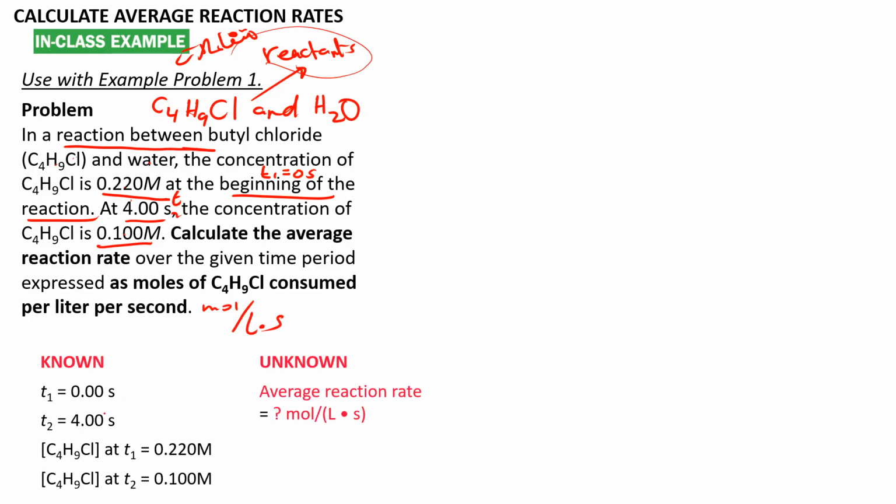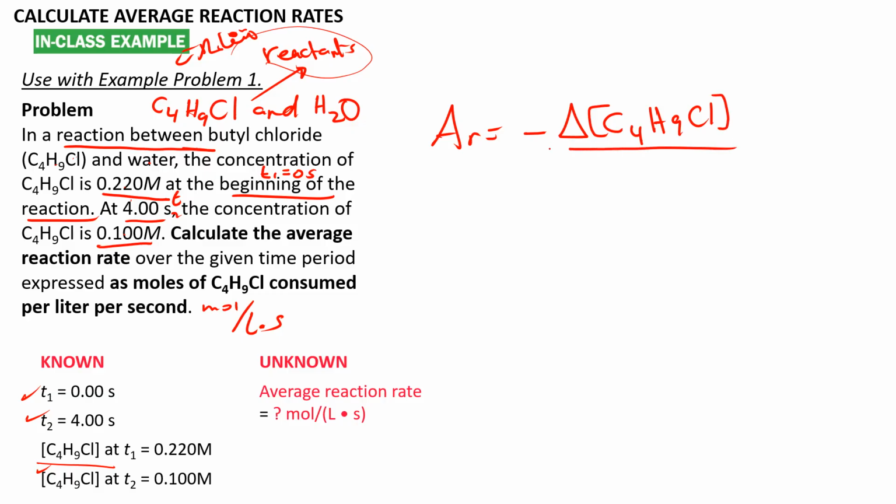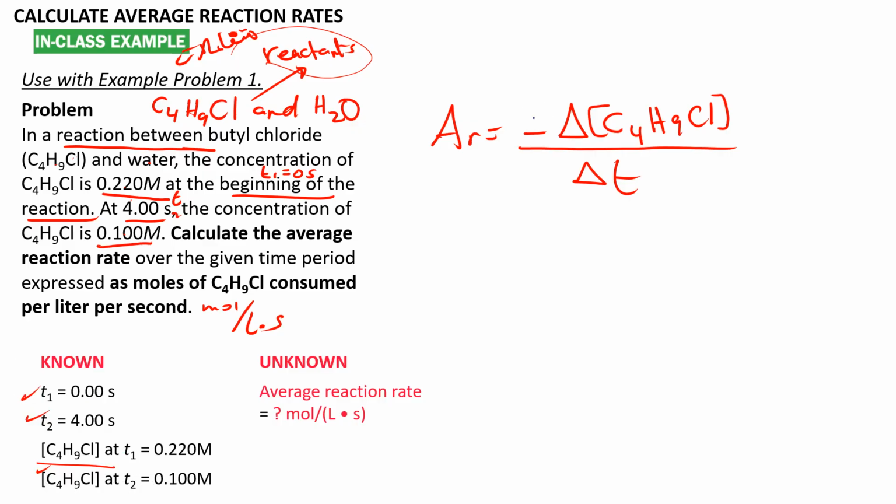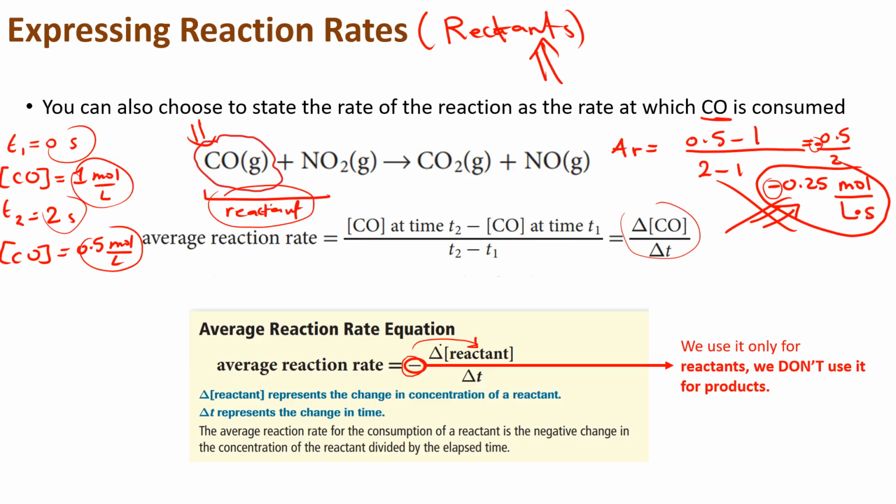So this is what we have, guys. Time 1, initial, final. Concentration at time 1 was 0.22, and the final concentration was 0.1. So write the equation. Average rate equals minus delta C4H9Cl over delta T. Why did I use minus here, guys? ليش استخدمت الناقص هني؟ Because it's a reactant، لأن هذا متفاعل, and we saw it here.